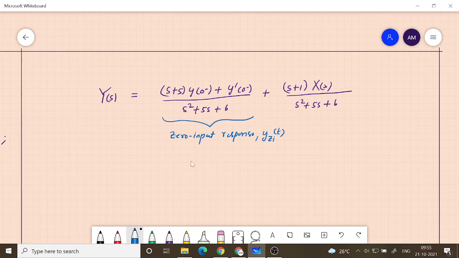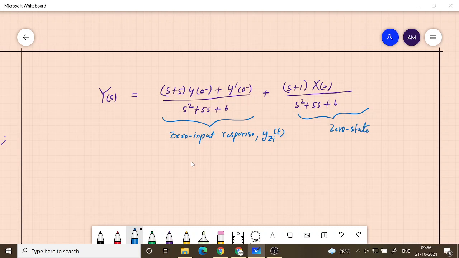Okay, which is basically the inverse Laplace transform. When I say a small letter, I mean the inverse Laplace transform of this term is what is called y subscript zi, zero input, of t. And the second term is basically the response contribution coming when all initial conditions are 0. In that case we call it zero state.